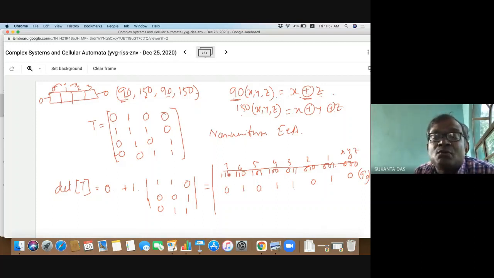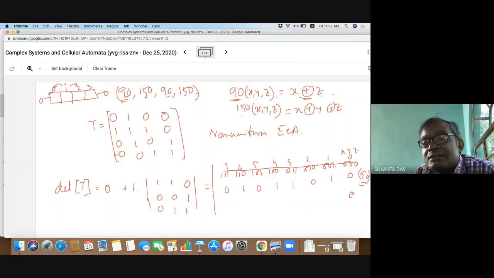And 1 XOR 1 is 0. So it proves that I have written correctly. From the rule you can also find this using a Karnaugh map. So this is 90, x XOR z.